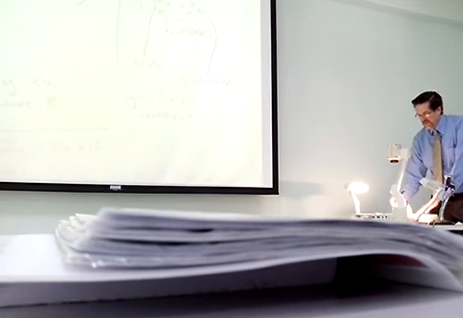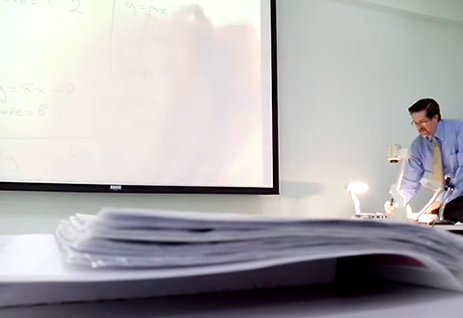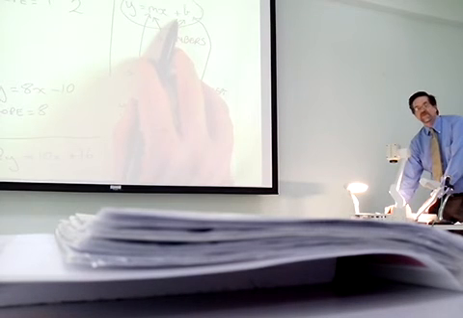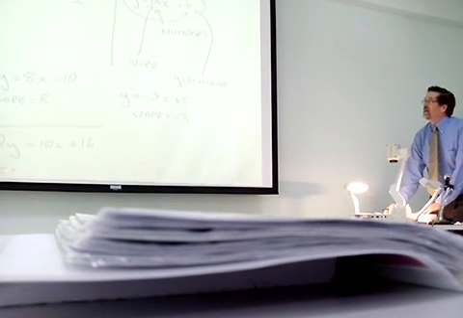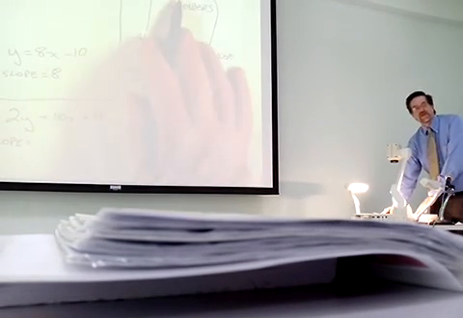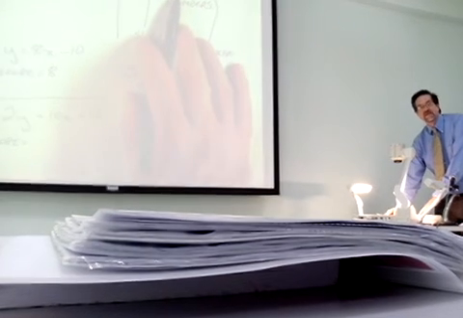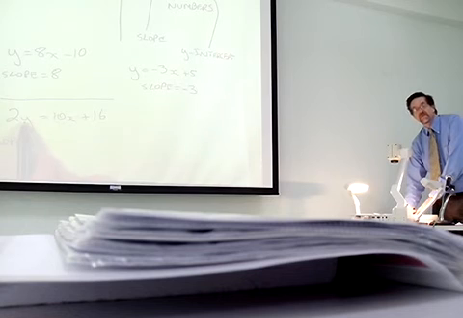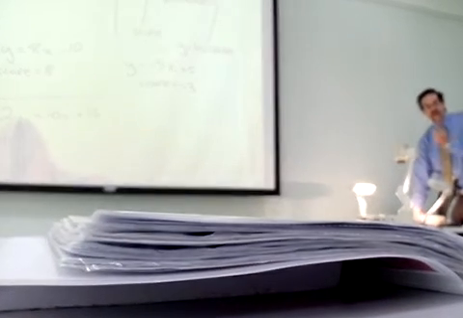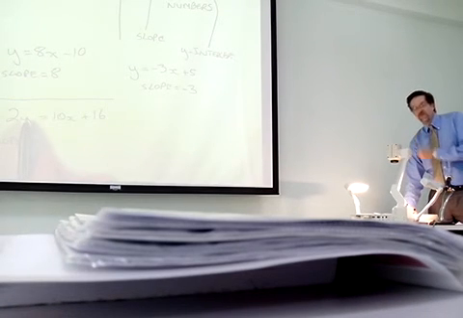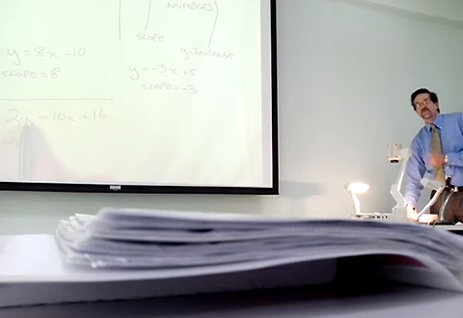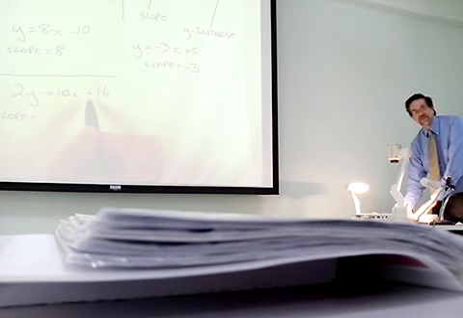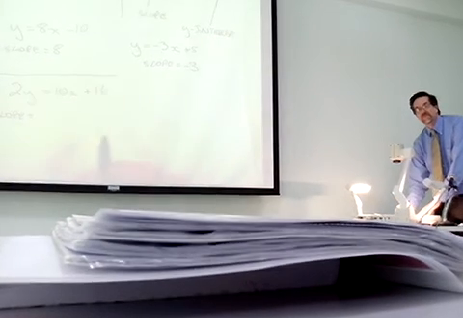Now, the thing to realize is, is the equation in this form, yes or no? It's not in that form because we have 2y. We want y equals something, but we have 2y in this case.